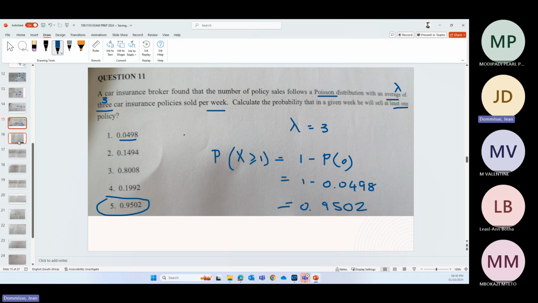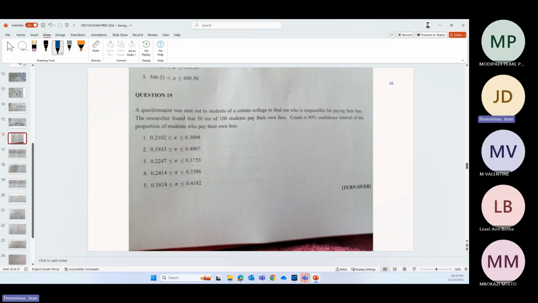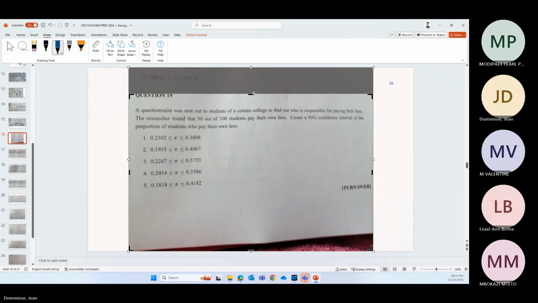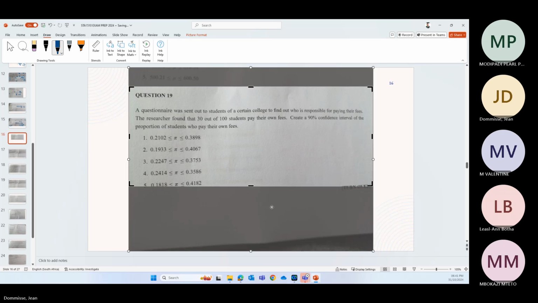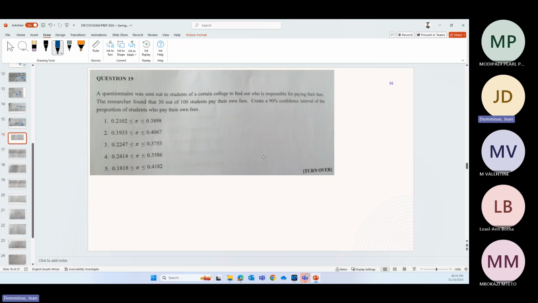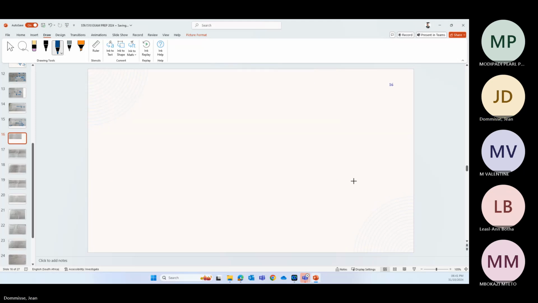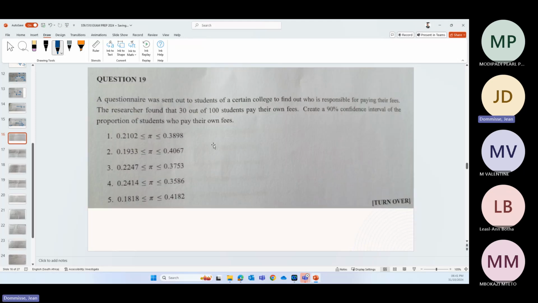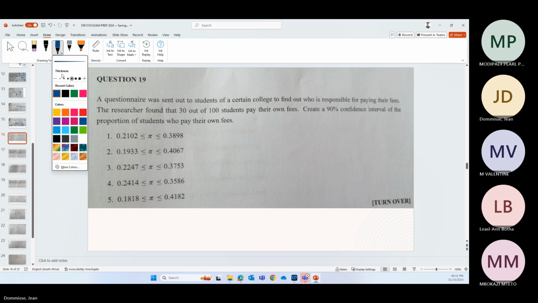Okay, so let's look at another one. Now we go back to confidence intervals. Let's see what information they give us.